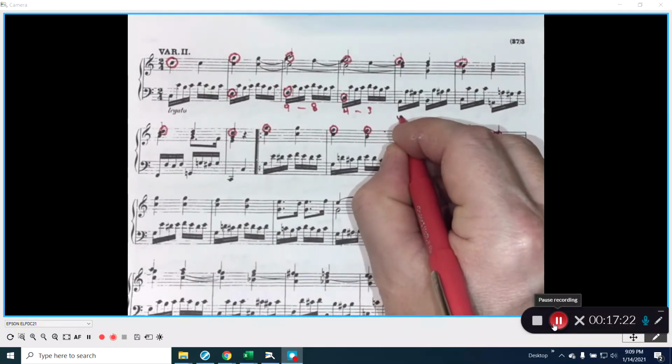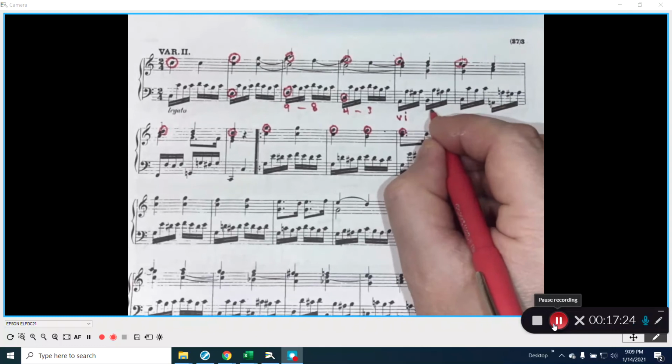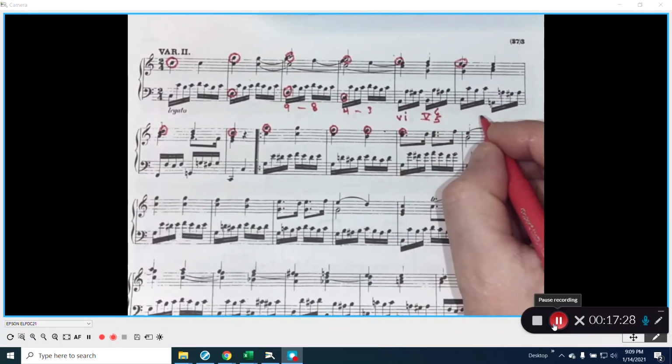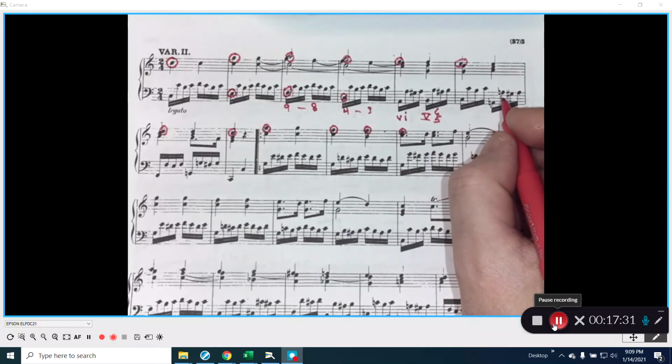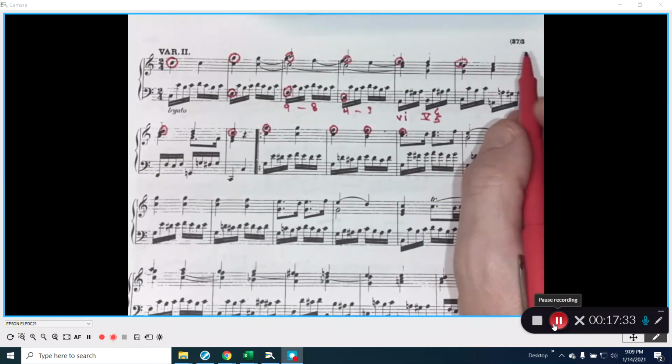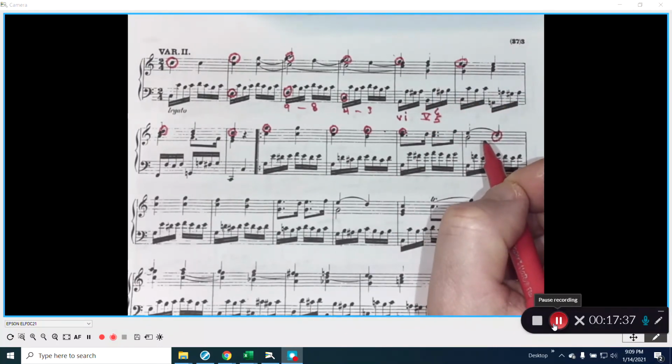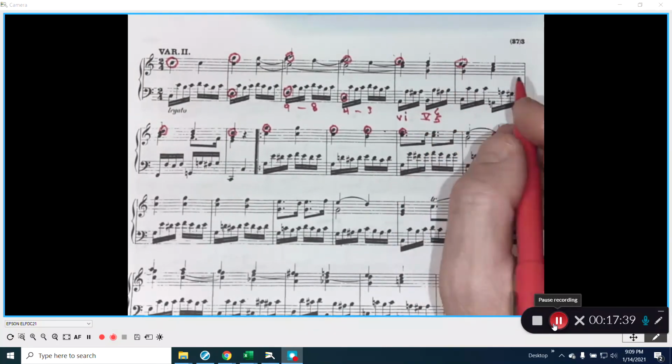So when we look at the chords here, I can analyze these, and when I do that, I discover, well, another suspension here, but this one doesn't have a tie.